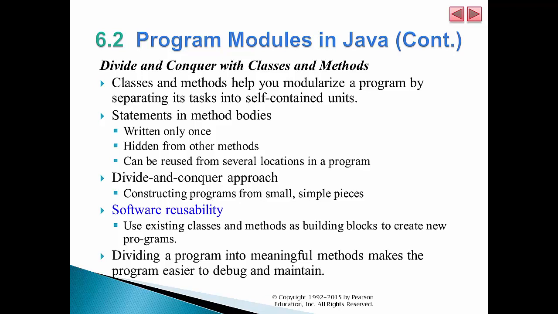So the idea here is that the statements in the method bodies are written once, and they hide the implementation of that particular logic from the outside use. And the most important thing about the method is that it can be used multiple times in different locations by a caller of the method, right?